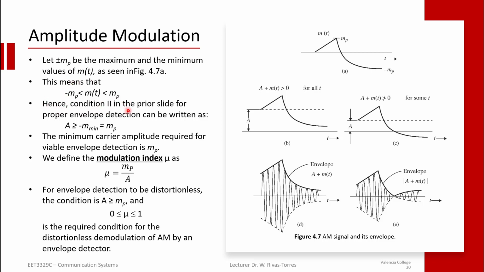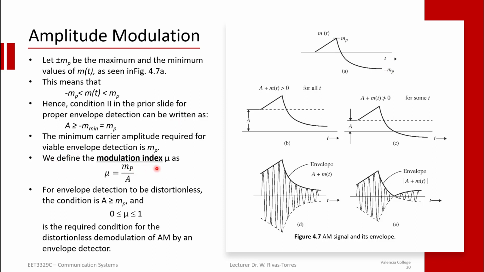Condition number two in the prior slide means that A has to be greater than the negative of the minimum. So if the minimum of this signal is minus m_p, I have to DC shift this whole signal by at least m_p, greater or equal to m_p. That's what it's saying.